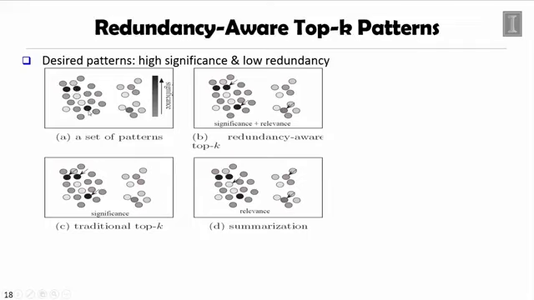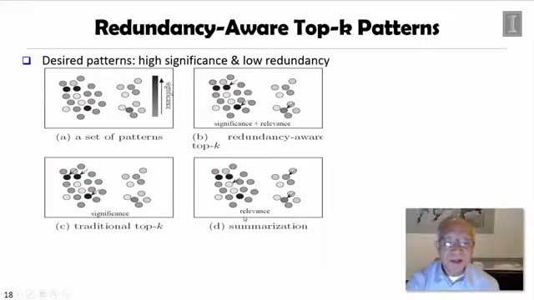They are quite significant. If you just do the top K pattern mining, that means you take the support count or other significance measure, you will only find these 3 patterns. Suppose you want to only find top 3. Then all the remaining patterns, like here in the other cluster, are completely missing.